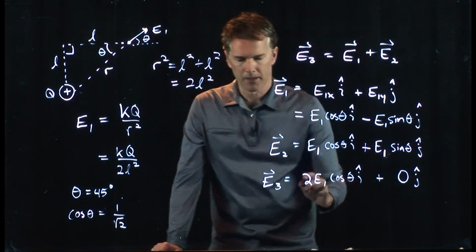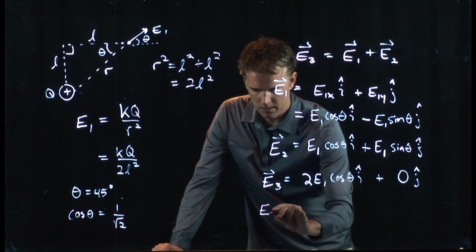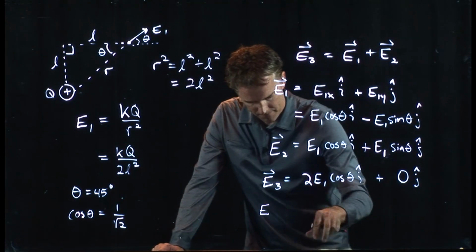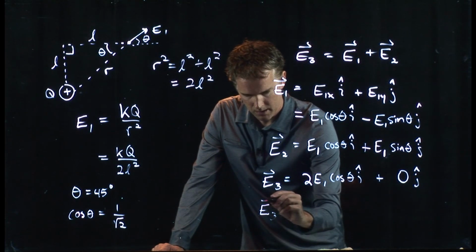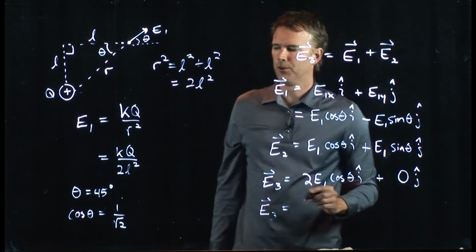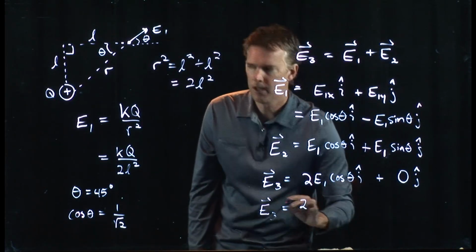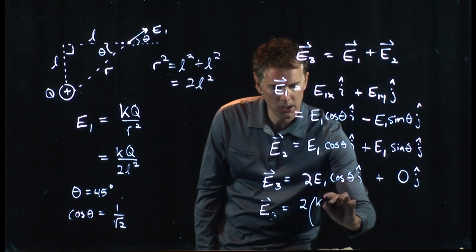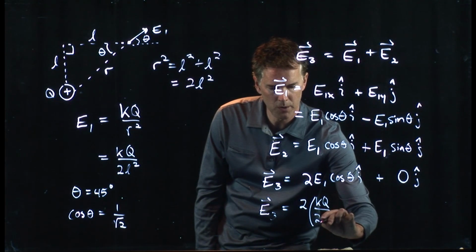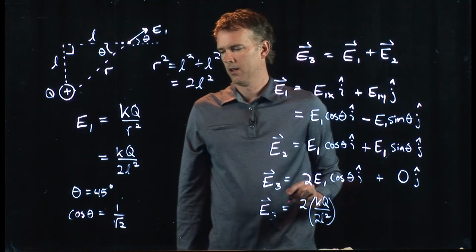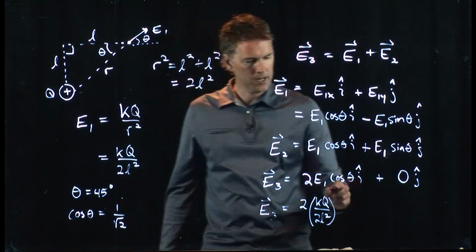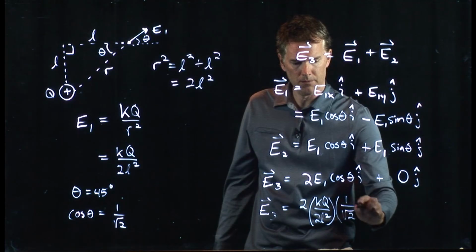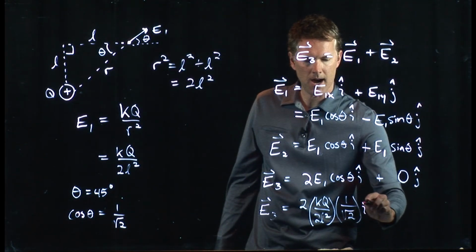And so now we have everything we need. E3, my 3 got a little funky. E3 is equal to 2 times E1, KQ over 2L squared, times the cosine of theta, 1 over root 2, and we have an I hat.